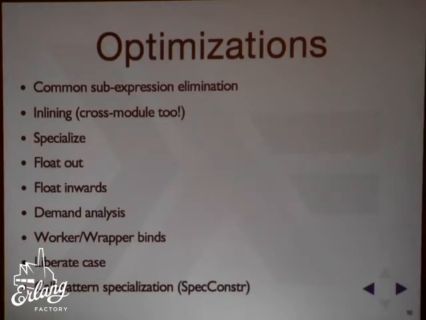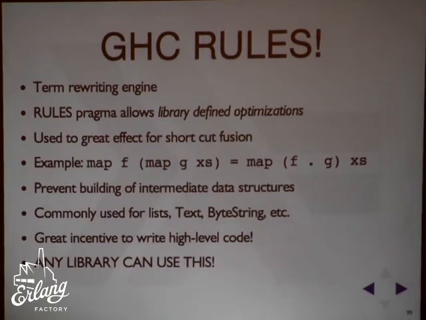And so these are some of the kinds of optimizations that it can do. I'm not going to really talk about that too much. But one of them is super cool. It's sort of like a parse transform. So a rule allows any library, so your own code, you can define your own algebra for how this library should work.